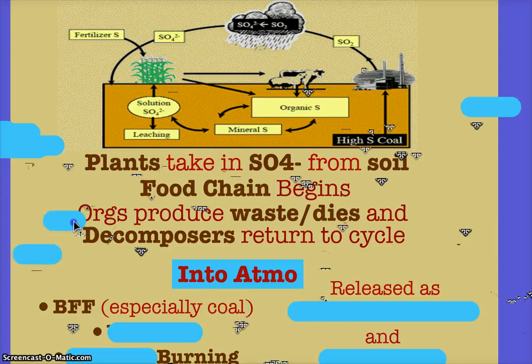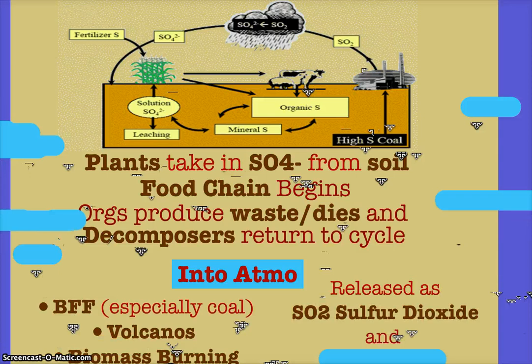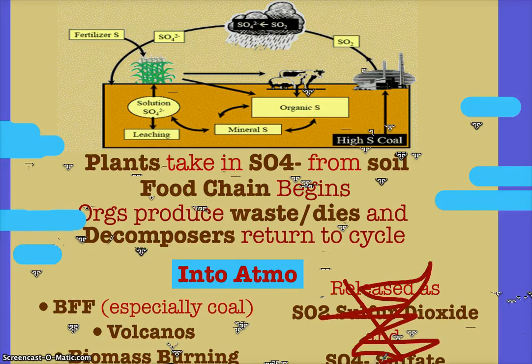and sulfate goes into the atmosphere, you don't have to know this. Scratch this out. Forget about its release as sulfur dioxide, and add, it comes back down as acid rain. Write that down. So when sulfate, we're just going to stick to sulfate, okay?